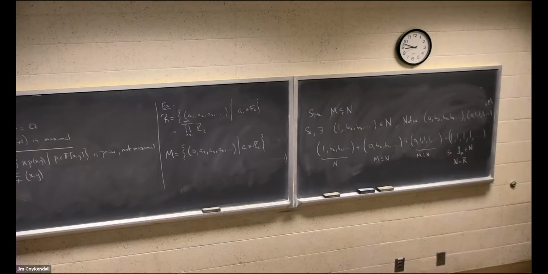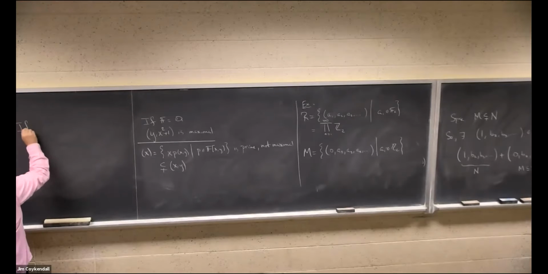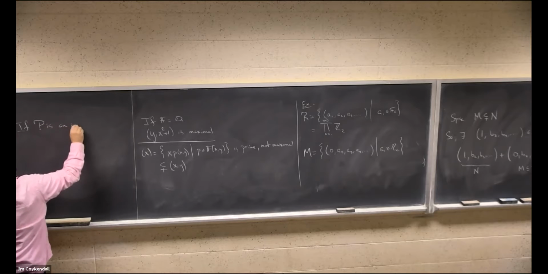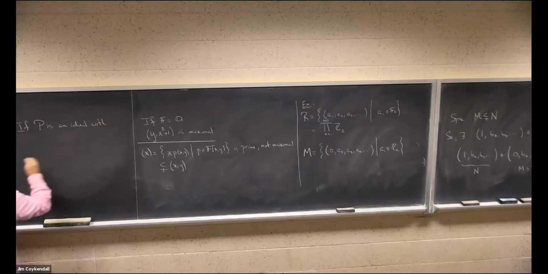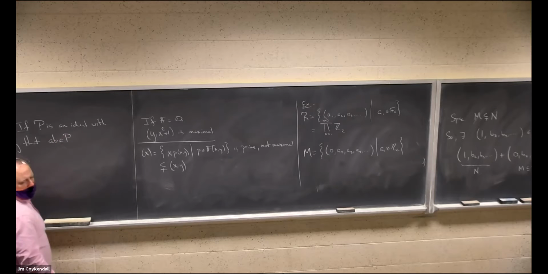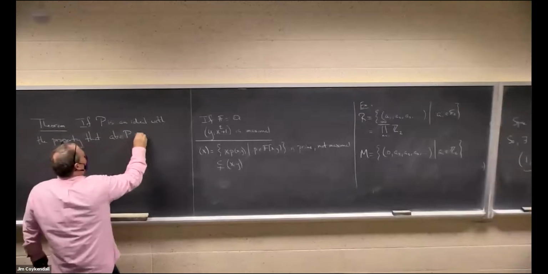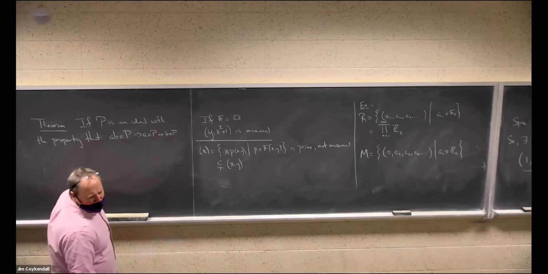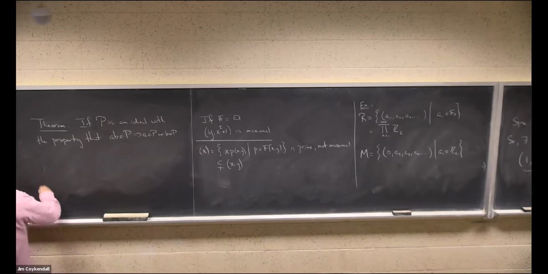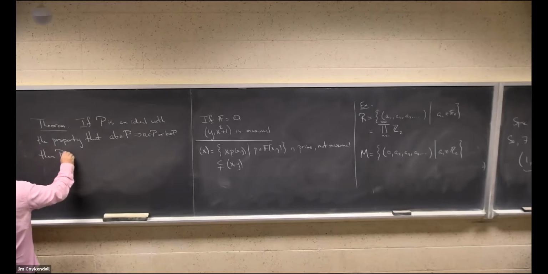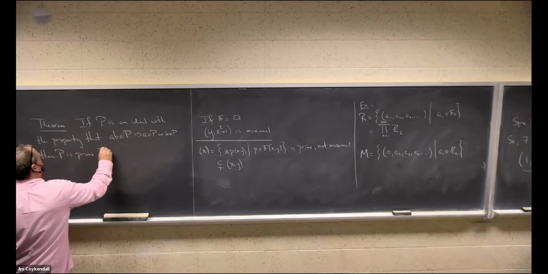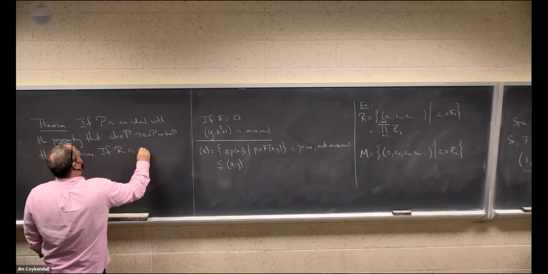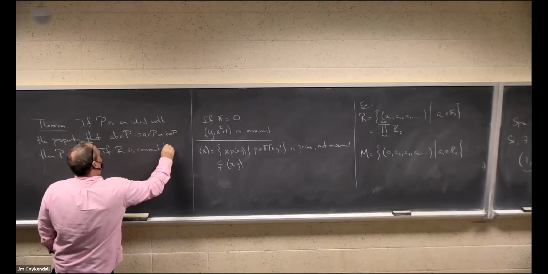If P is an ideal with the property that AB in P implies A is in P or B is in P, then P is prime. Yeah, R is commutative.